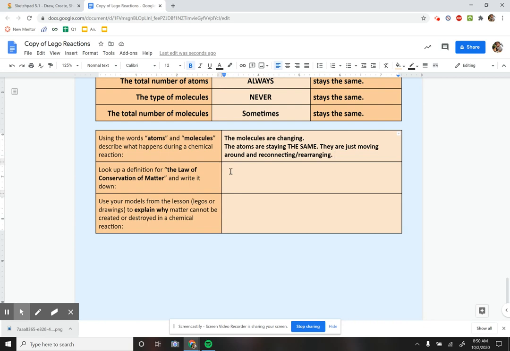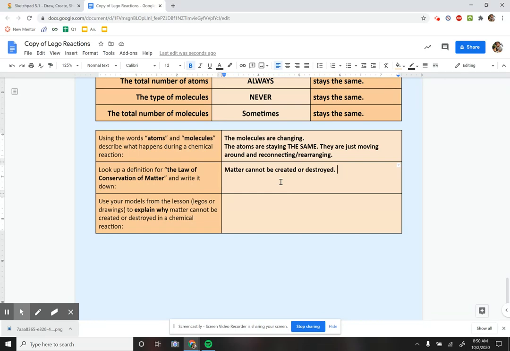All right. Look up a definition for the law of conservation of matter. Okay, the law of conservation of matter says matter cannot be created or destroyed during a chemical reaction. Okay, so matter, like in the Avengers, if you've ever heard of those guys, and I have not seen this movie, so this might be wrong.